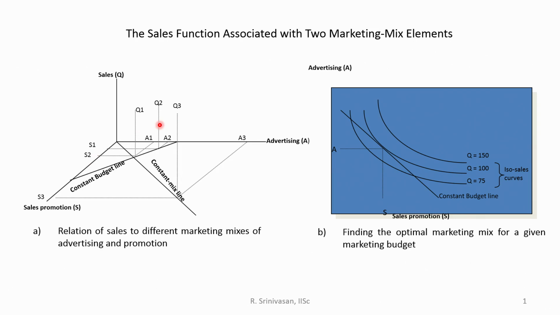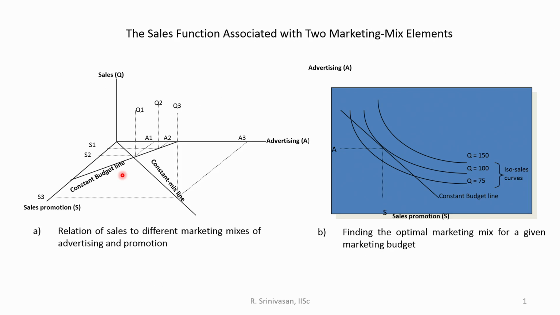So, a marketing manager is likely to adopt this combination of A2 and S2 to get that Q2. So, he may like to have his advertising expenditure at A2, his sales promotion expenditure at S2, so that he can realize this Q2 sales.